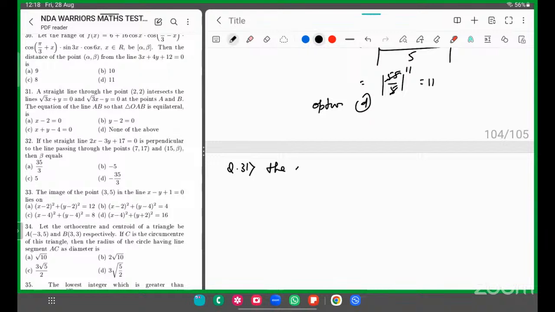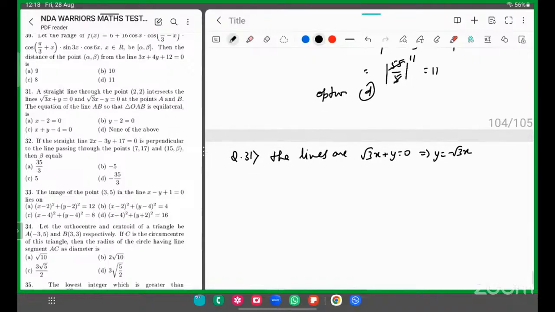The lines are root 3x plus y equal to 0, which implies y equal to minus root 3x, and y equal to root 3x.